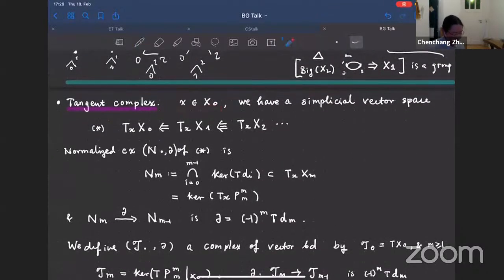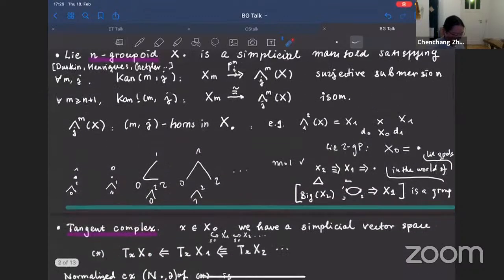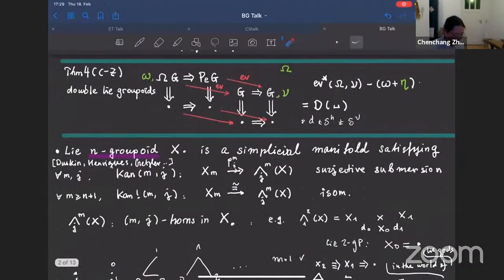Because x0 sits naturally in x1 via identity, in x2 via identity, and so on, this point can be viewed as a point also in x1, x2, and so on. Then we take the tangent space at x of this simplicial object.